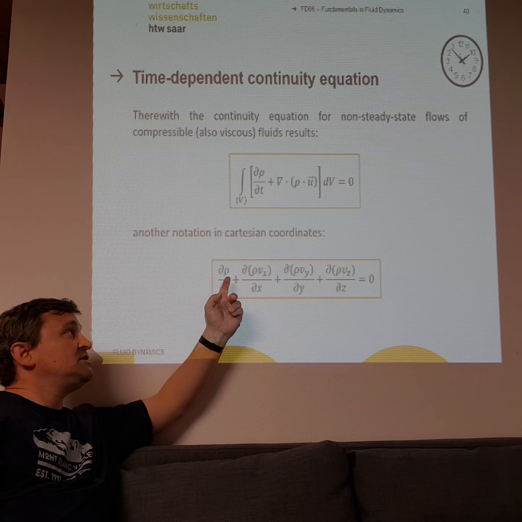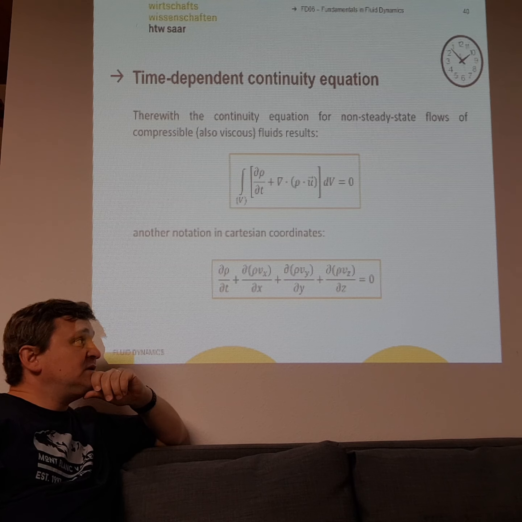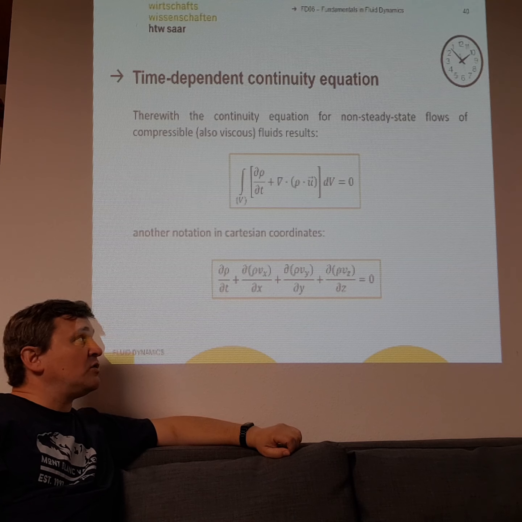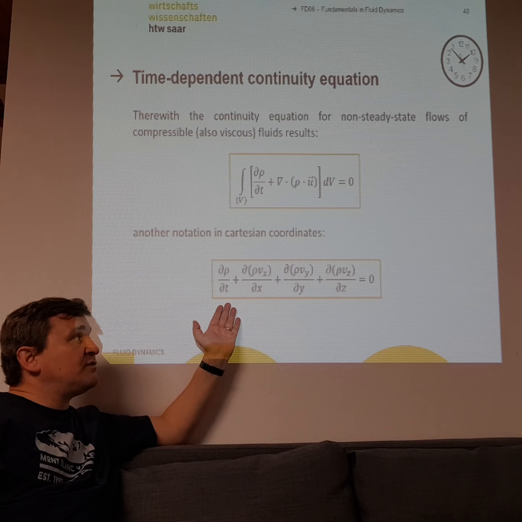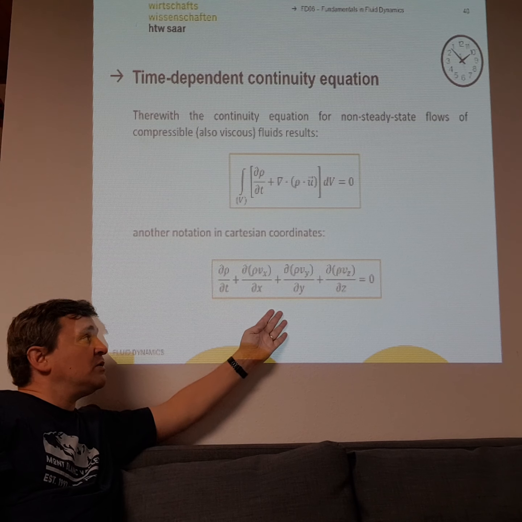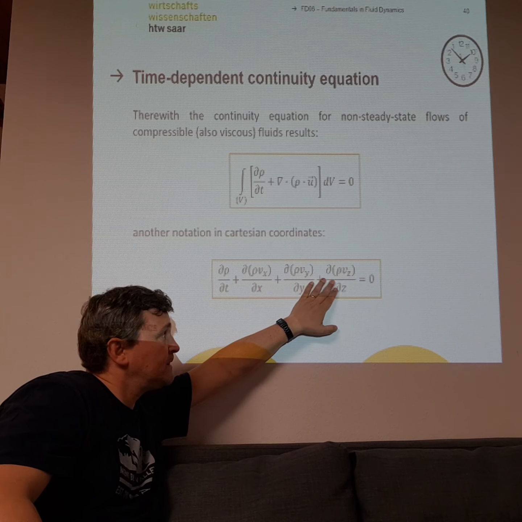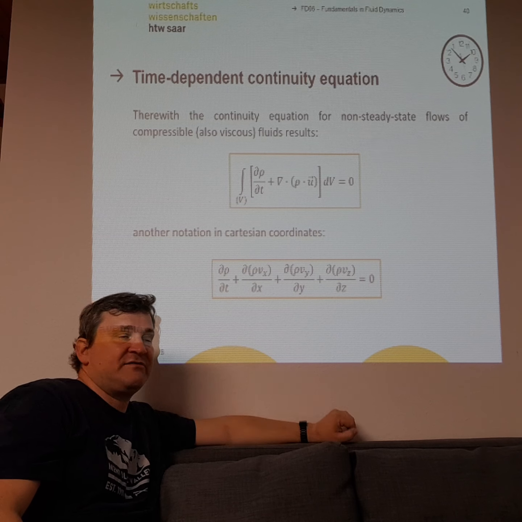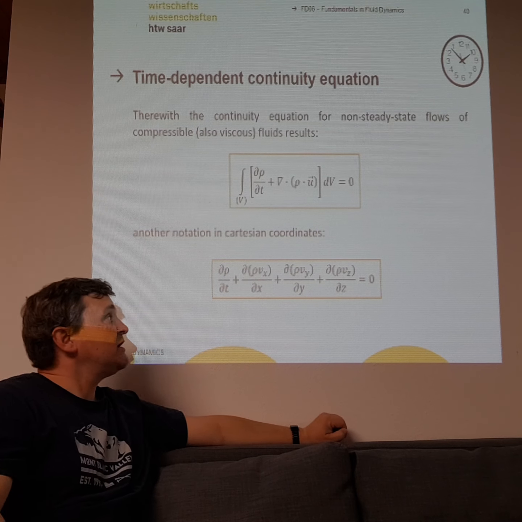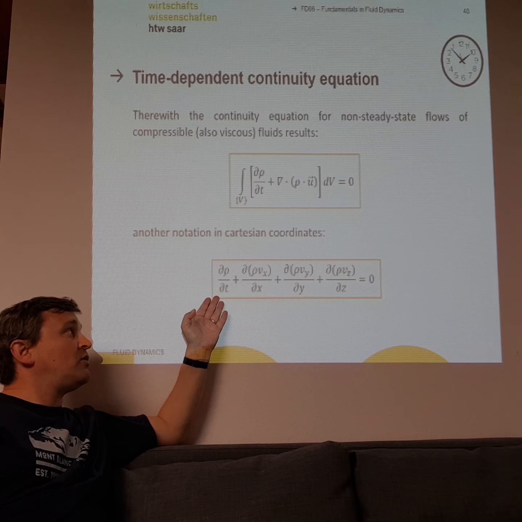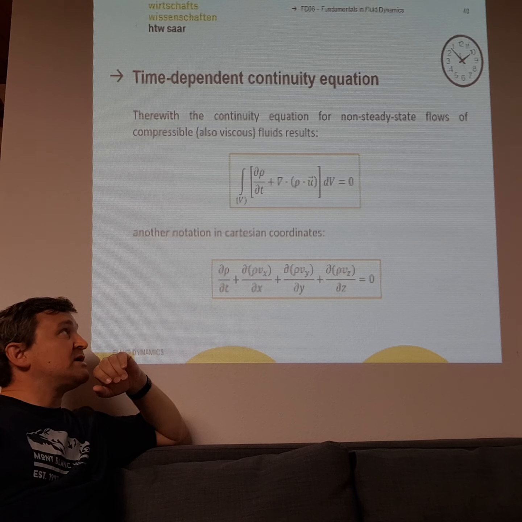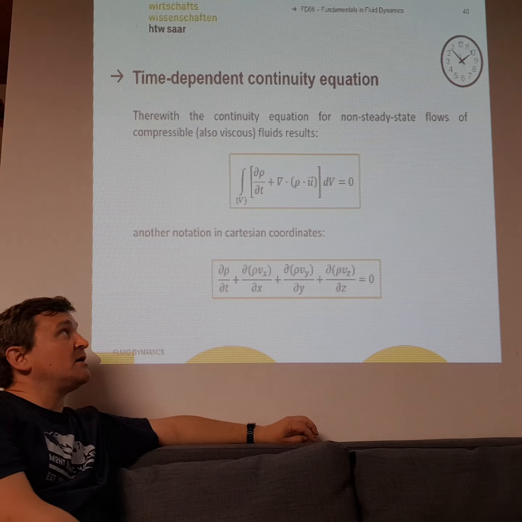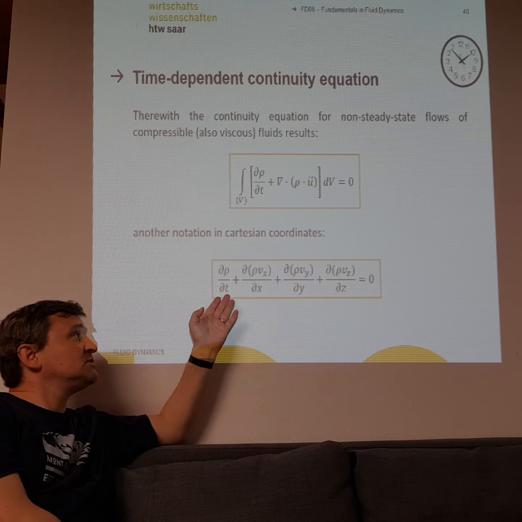It's d rho divided by dt, and you have to add this transient term to your convective term. So this is an overall mass balance over one volume. You have a balance of the mass flow in every direction, and you have a balance for the transient term, the description of the change over time. This is an additional term.